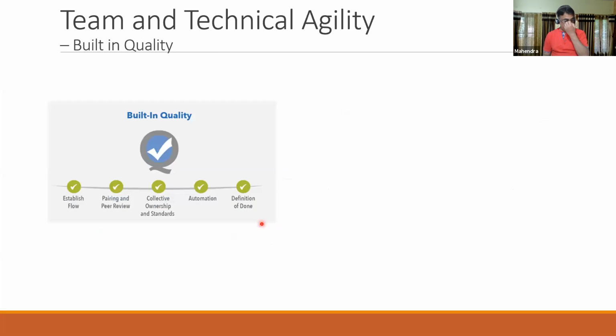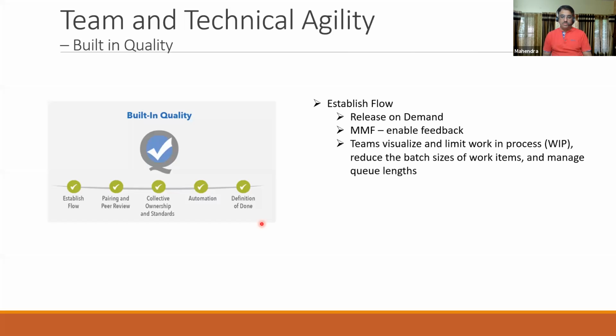The third dimension of team and technical agility is built-in quality. This is paramount. There's a flow that needs to be established. We need to build in capability to release on demand, have a minimal marketable feature (MMF) so that we can get feedback from the end customer, and the teams need to visualize the work that's happening and limit work in progress.